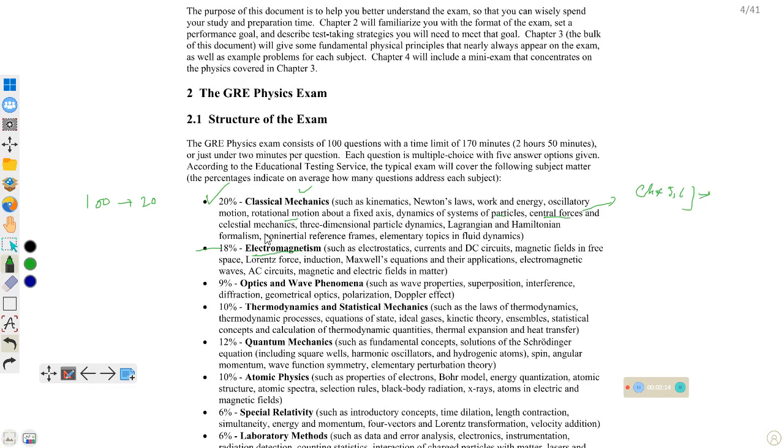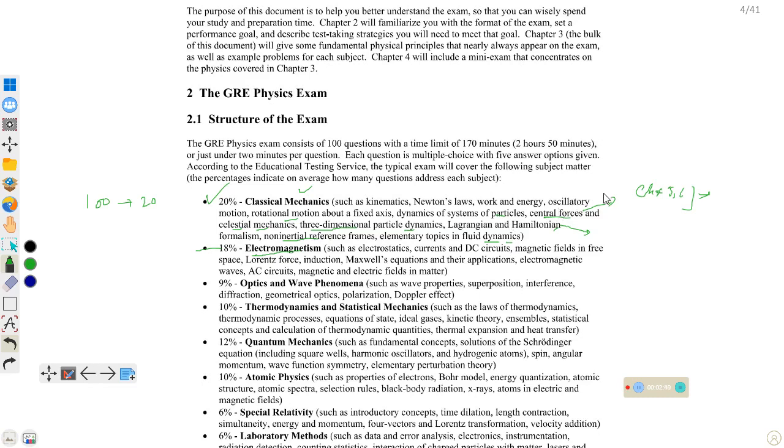Similarly, celestial mechanics means astrophysics, three-dimensional particle dynamics, Lagrangian and Hamiltonian, chapter 7 of Marion's book, non-inertial frames, and elementary topics in fluid dynamics like Bernoulli's equation. One more I will specifically tell you.